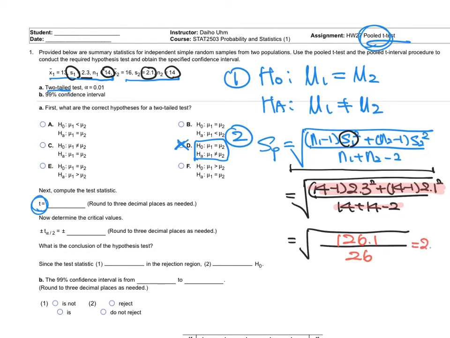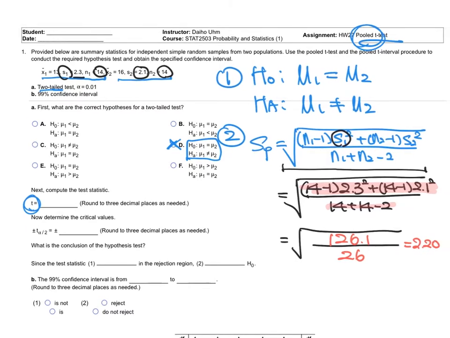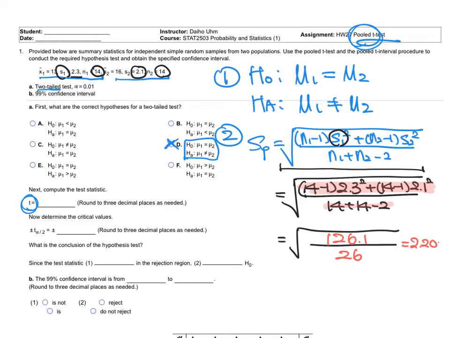That will be 2.2023. And now the test statistic. The test statistic will be the mean difference, x1 bar minus x2 bar, and we plug in the pooled standard deviation and the square root of 1 over n1 plus 1 over n2.